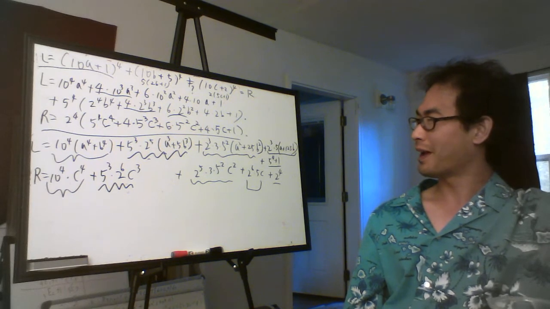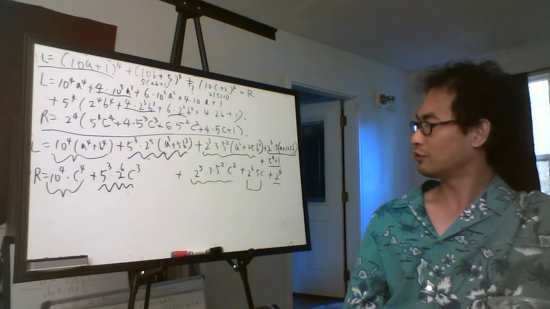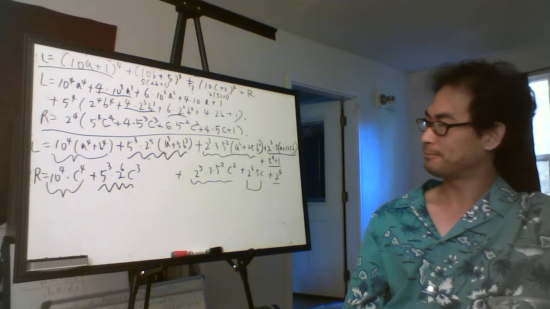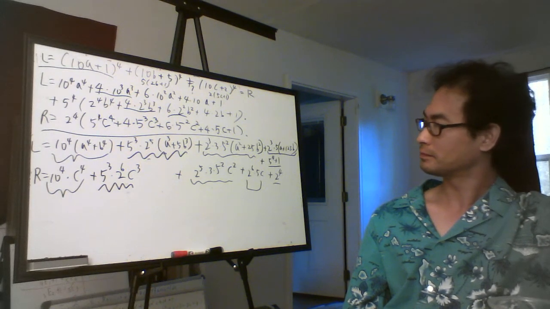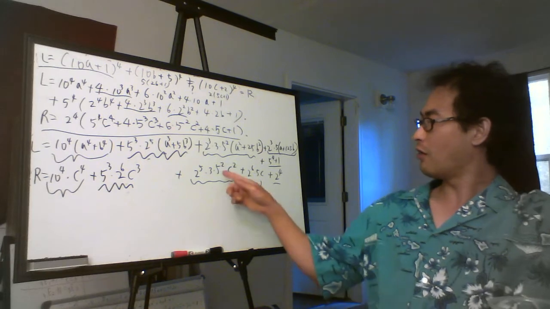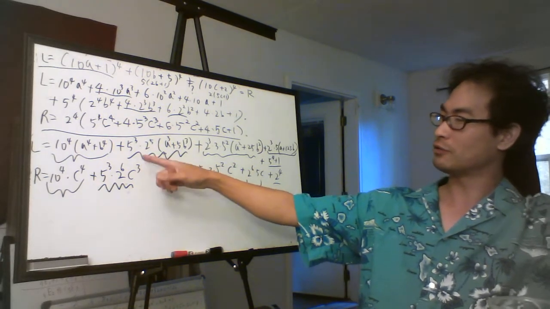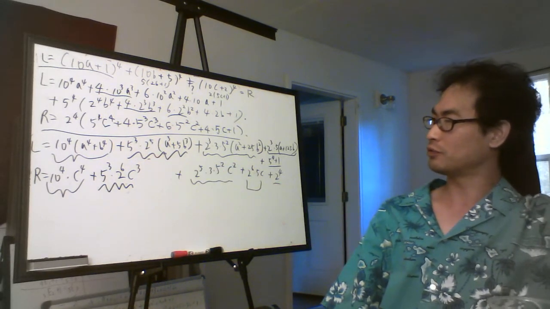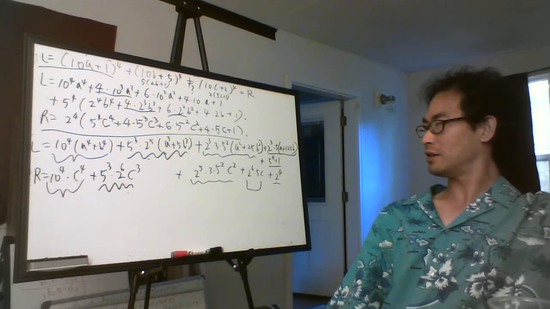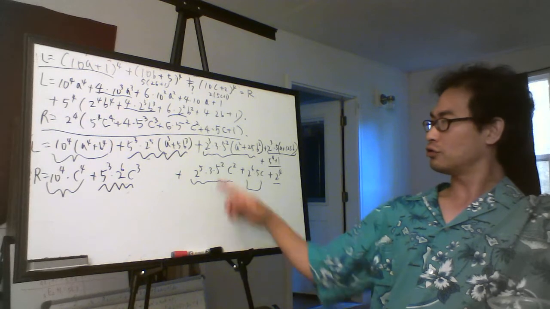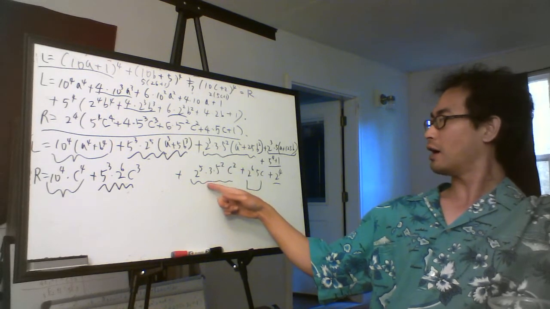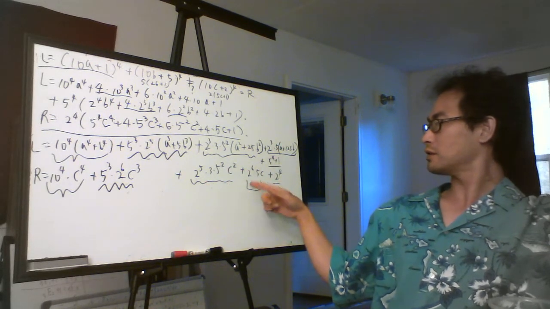We do see some pattern though. Powers of five always correspond to each other, right? But with powers of two, you start to deviate. Two to the five, two to the six, and two to the third, and then two to the five, and two to the third, two to the six.